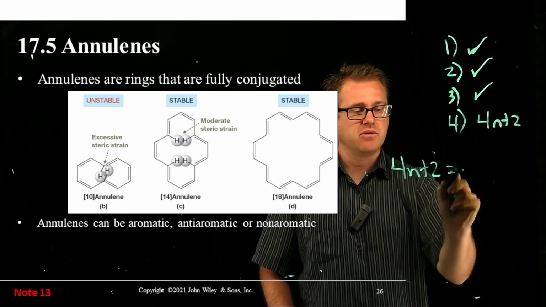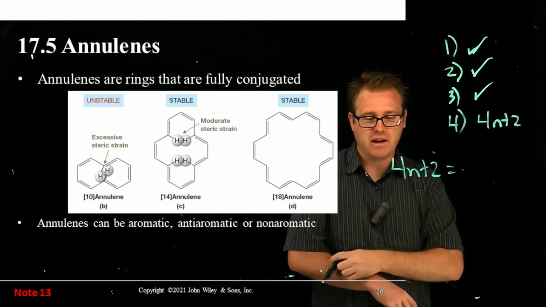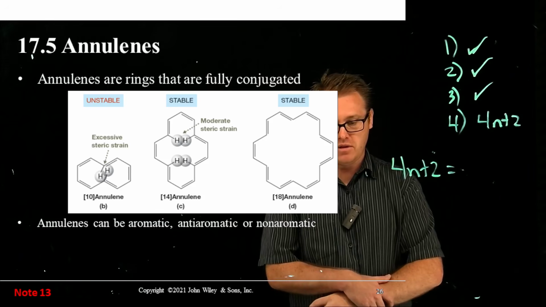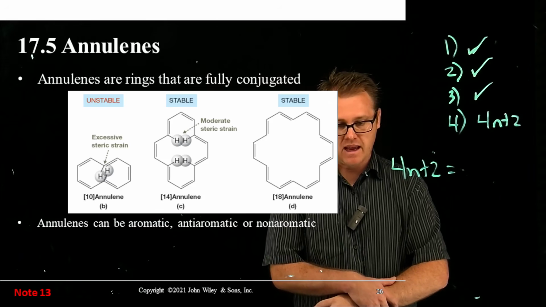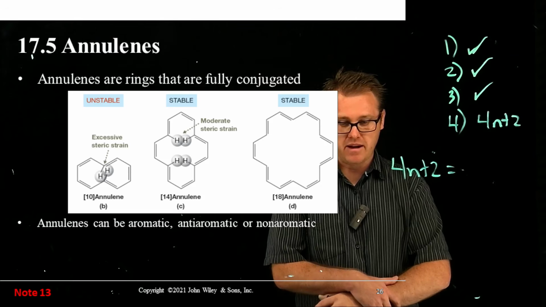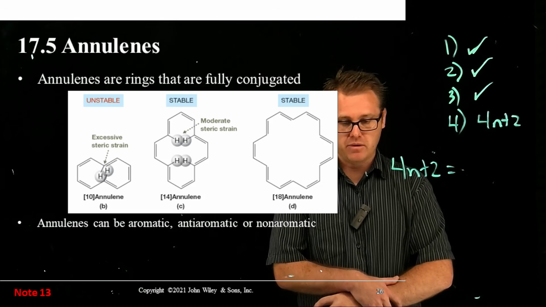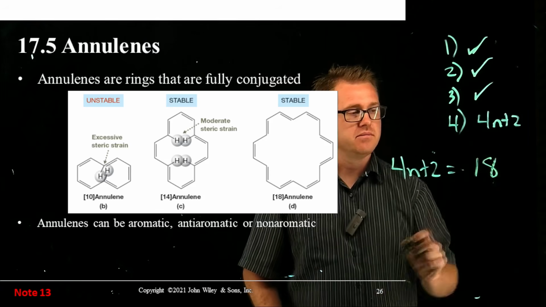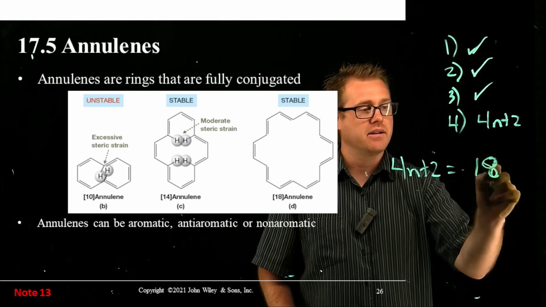4n plus 2 equals, how many electrons are in 18 annulene? Count how many double bonds there are. 1, 2, 3, 4, 5, 6, 7, 8, 9. Did I do that right? Let me try it again. 1, 2, 3, 4, 5, 6, 7, 8, 9. So 9 times 2 is 18 electrons. 18 pi electrons, right?